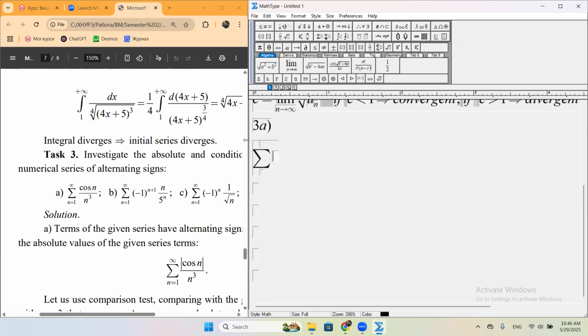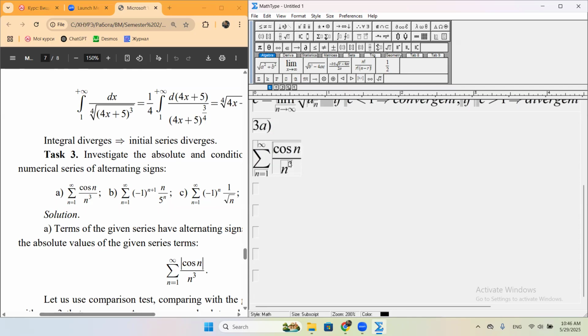We will start by investigating the modules of the terms of the series. For 3a, we have the following series: cosine of n by n cube.